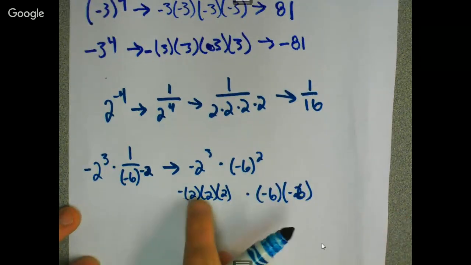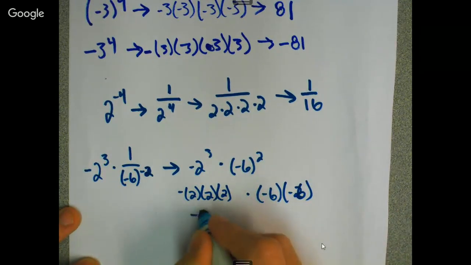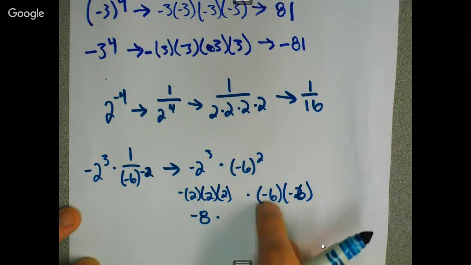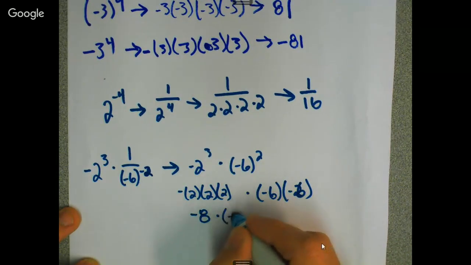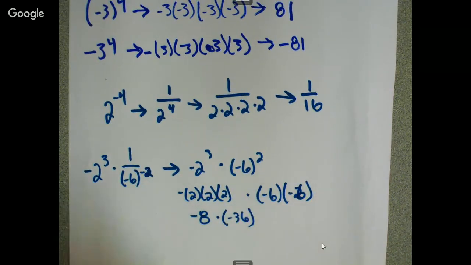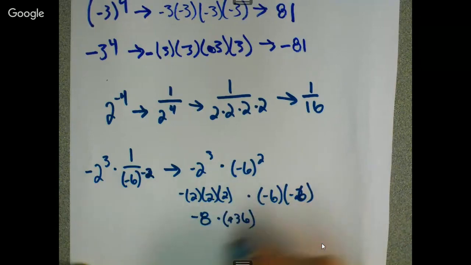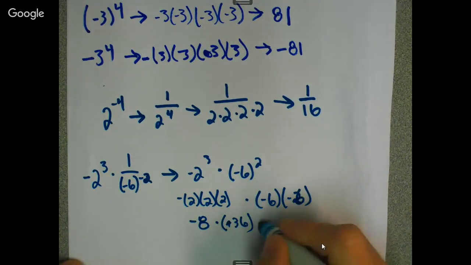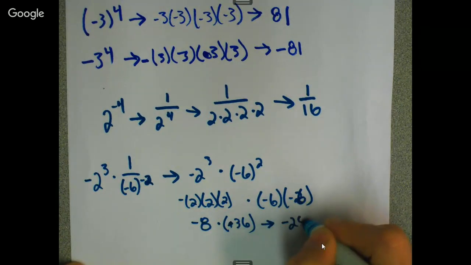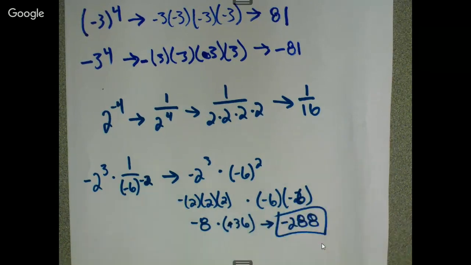So 2 times 2 times 2 is 8, with the negative making it -8, times -6 times -6, which is a positive 36. So -8 times 36 is -288. Be careful with moving those positive and negative exponents.